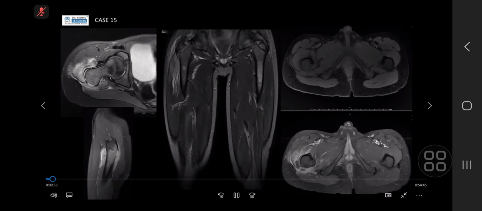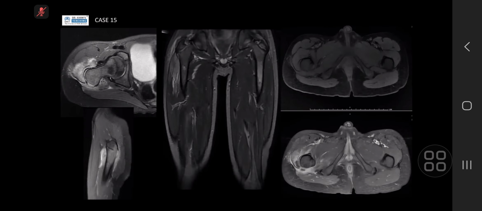Okay, so we have candidate 3. You've got a few MR sequences in front of you. Do you want to talk through this case? Hello, I'm candidate 3.